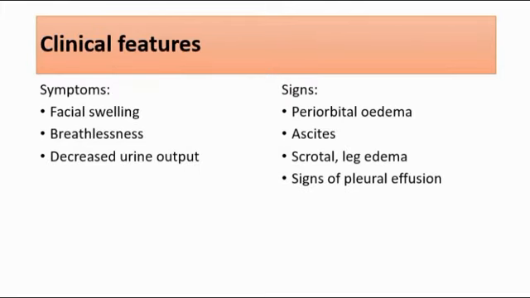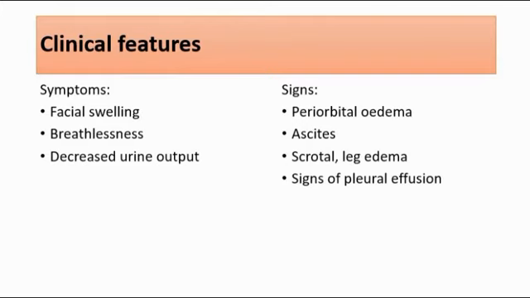The clinical features of nephrotic syndrome. For symptoms, the patient might present with facial swelling, which is the earliest sign. Breathlessness, which means shortness of breath, might be due to pleural effusion and abdominal distension. And also, they might complain of decreased urine output.